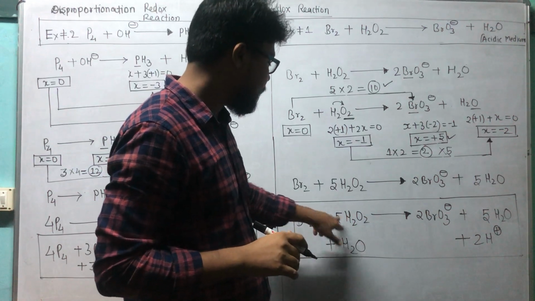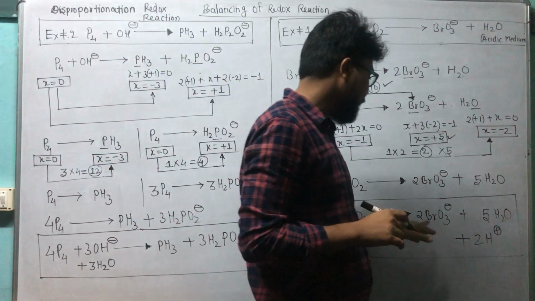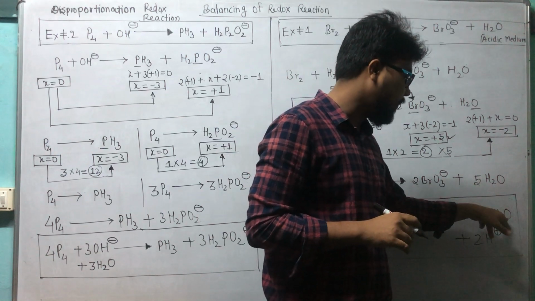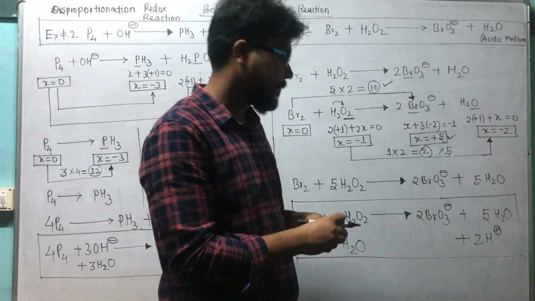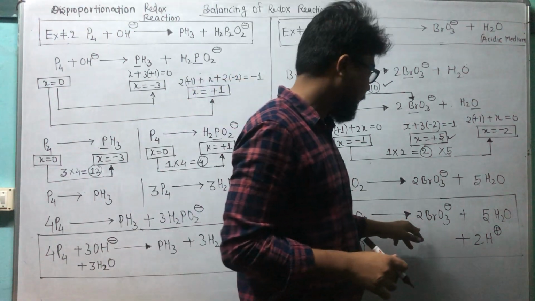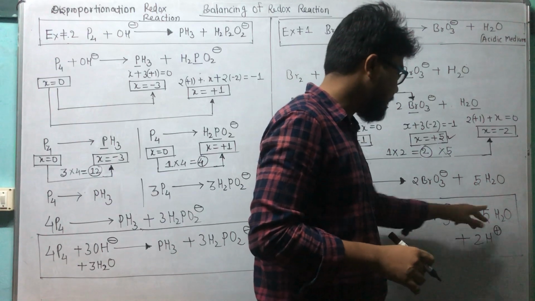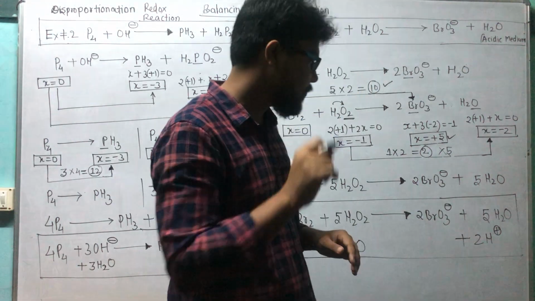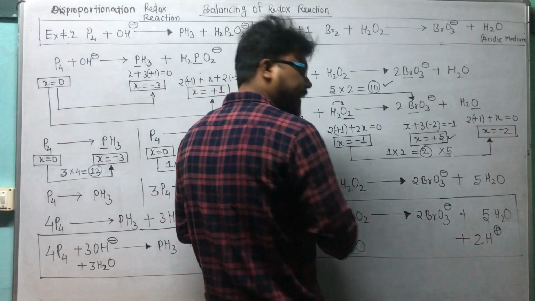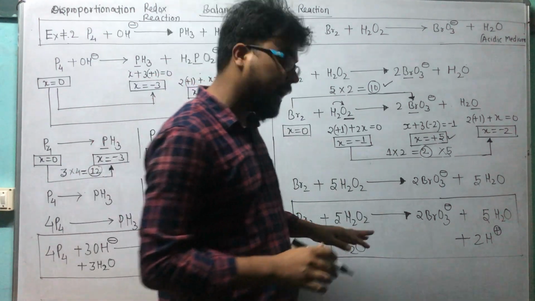Total oxygen is 5 into 2, 10. Here 2 into 3, it is 6, and 5 oxygen means 11. That's why I added 1 H2O, so that the oxygen is balanced.